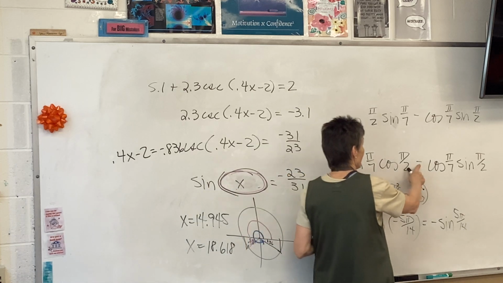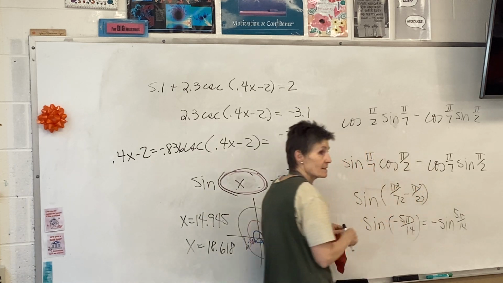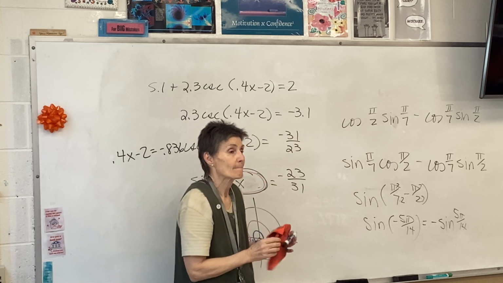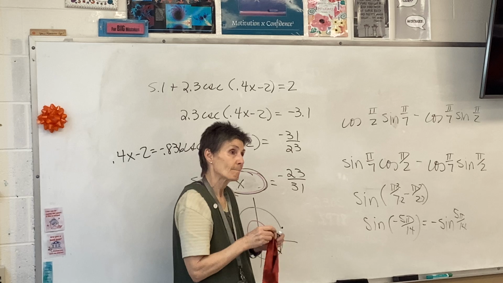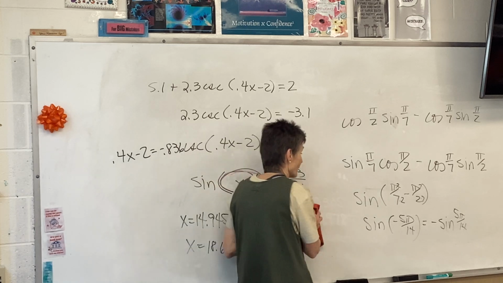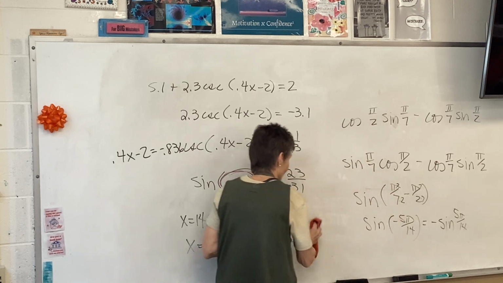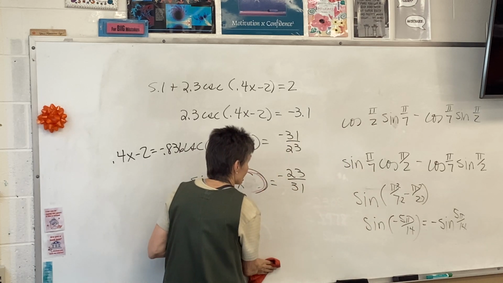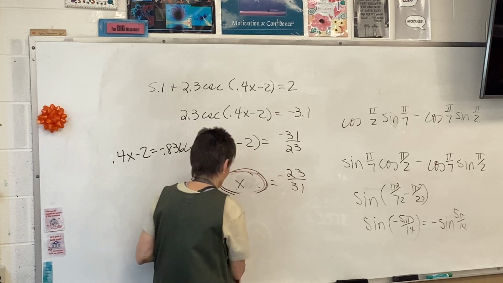If that were a plus, I wouldn't have to worry about it, but since it's a minus, I do have to worry about it. Declan? I was just wondering, would it be wrong if you didn't simplify from here? Like if you left it at sine of pi over 7 minus pi over 2? Yeah, that would be wrong. Okay.